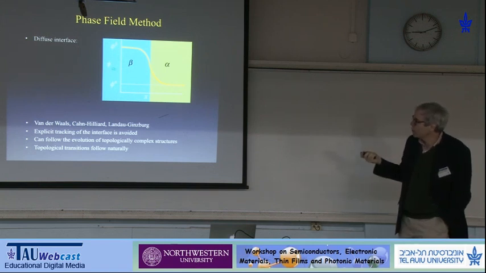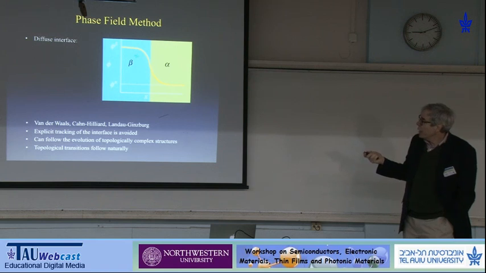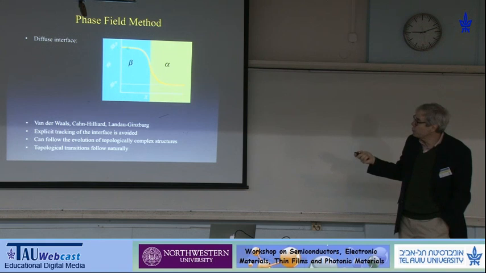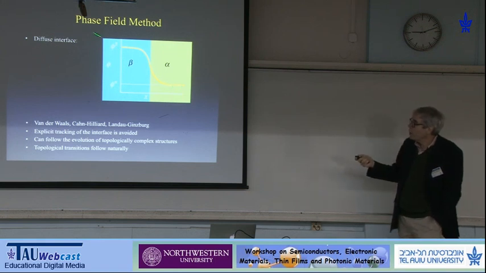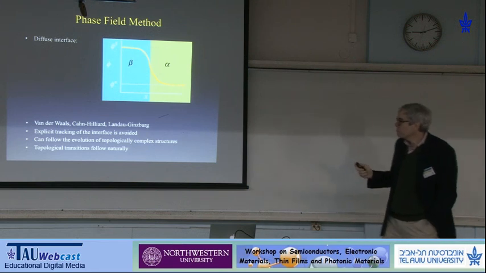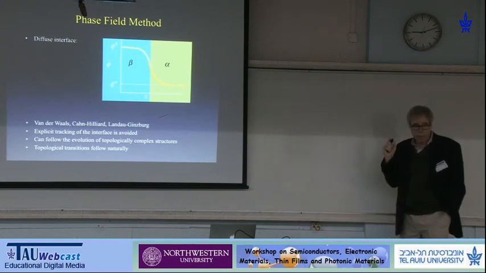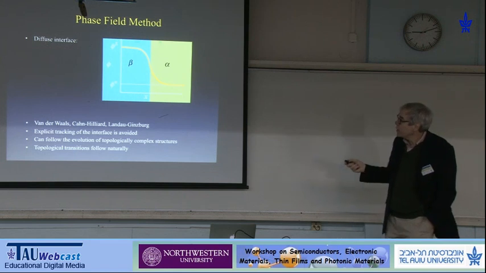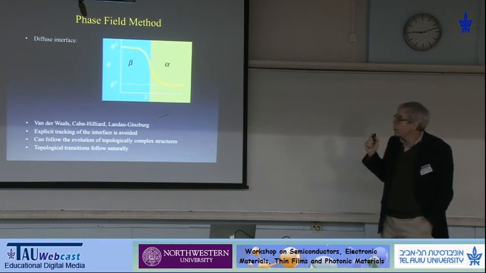You could also view them as compositions as a function of x. And you have a diffuse interface, or a smooth change in composition, or an order parameter as you go through the interface. And the nice thing about this, if you think about this a bit, is that now, if you can write equations for the evolution of this order parameter, you don't have to track the location of this interface.